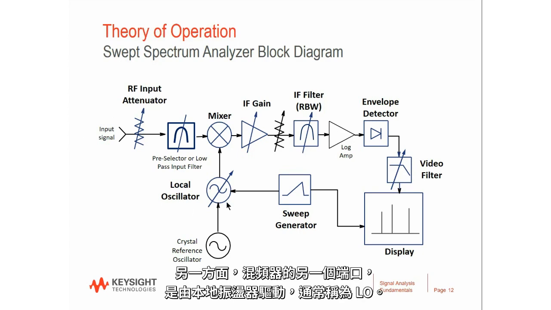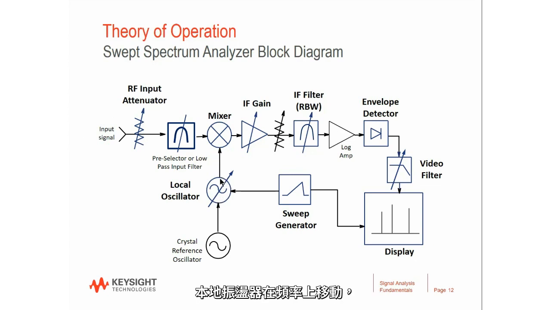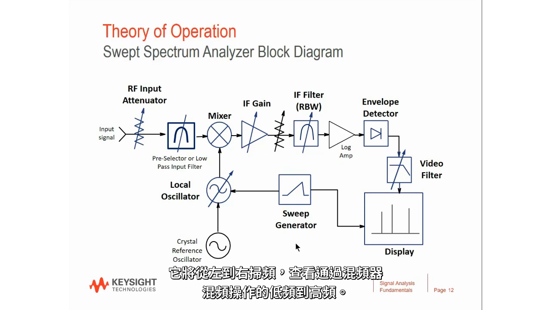On the other side, the other port of the mixer is being driven from the local oscillator, oftentimes called the LO. And the local oscillator is moving in frequency, so this entire front end will tune across frequency. It'll sweep from left to right and look at frequencies from low frequencies to high frequencies through the mixing operation of the mixer.